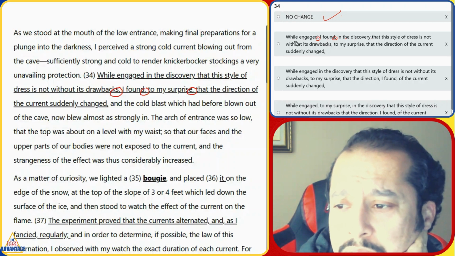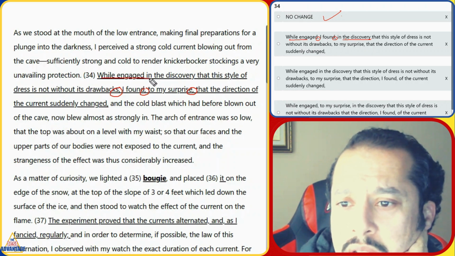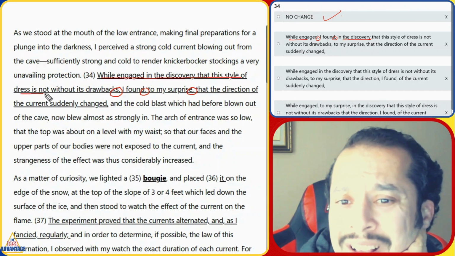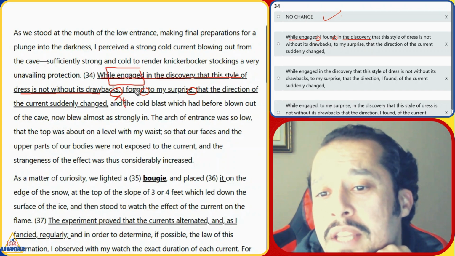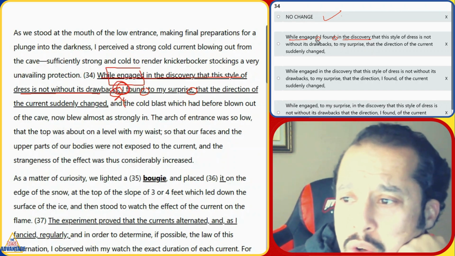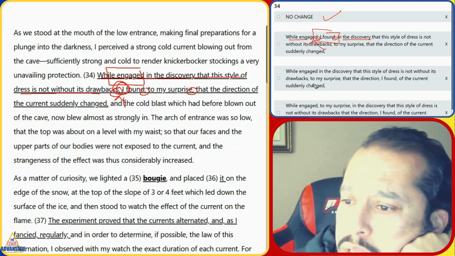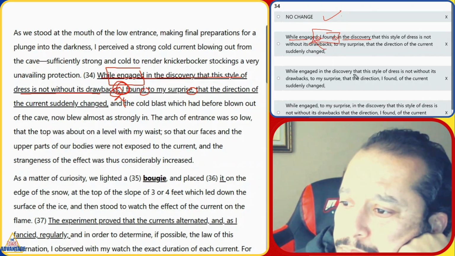So we want the phrase together: while engaged in the discovery, then after the comma it should tell me who was engaged. Like here, while engaged in the discovery that this style of dress is not without its drawbacks, and then after the comma we say who was engaged, I was engaged. So this structure here is really awkward. Insert C.